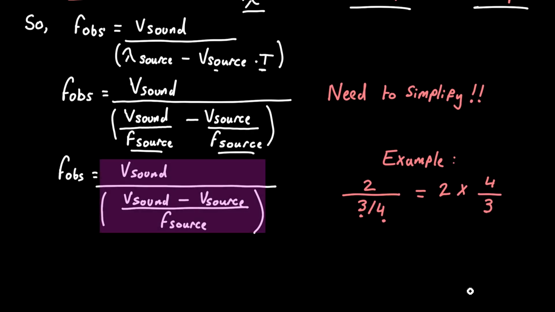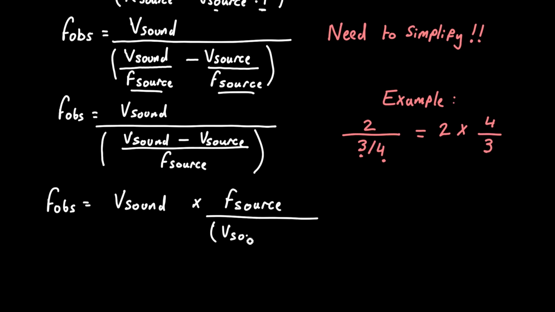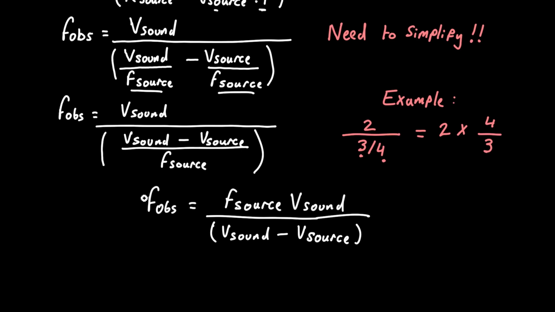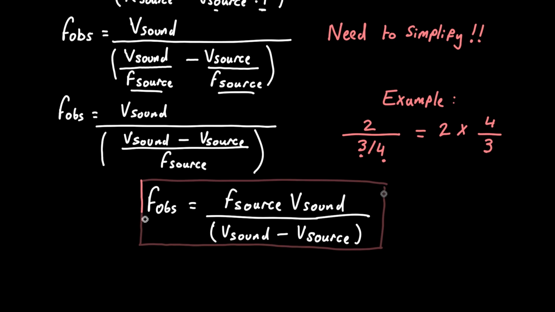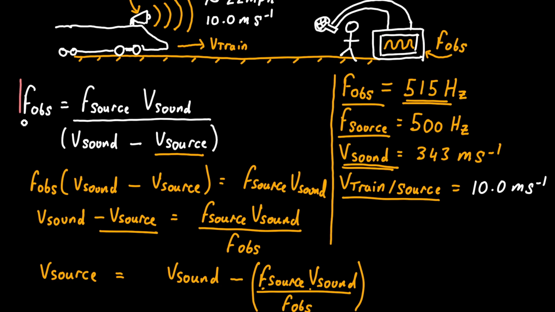So we can apply this to the top equation here, and we get the velocity of sound multiplied by the frequency of the source divided by the velocity of the sound in air minus the velocity of the source of the sound. And you've probably already noticed that this is the exact equation we used at the beginning of this video to estimate the speed of the train when the train is moving towards the observer.